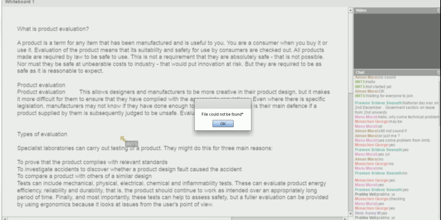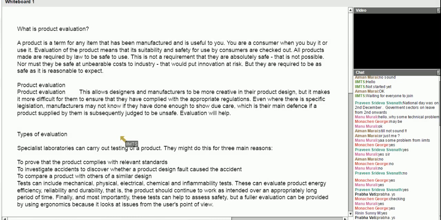Like recently, if you have heard in the news, certain cars of Hyundai were found not to be safe, so they ran their own safety test. Likewise, there are many safety organizations who test the safety of such products from time to time.